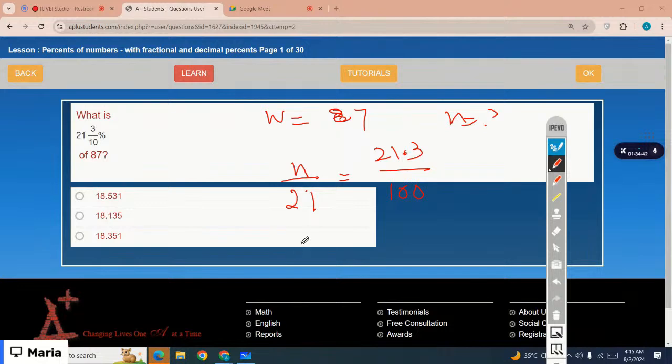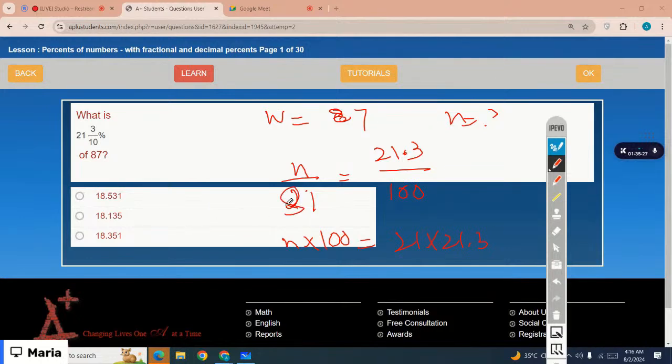You have to do n times 100 equals, sorry, the whole number is 87.